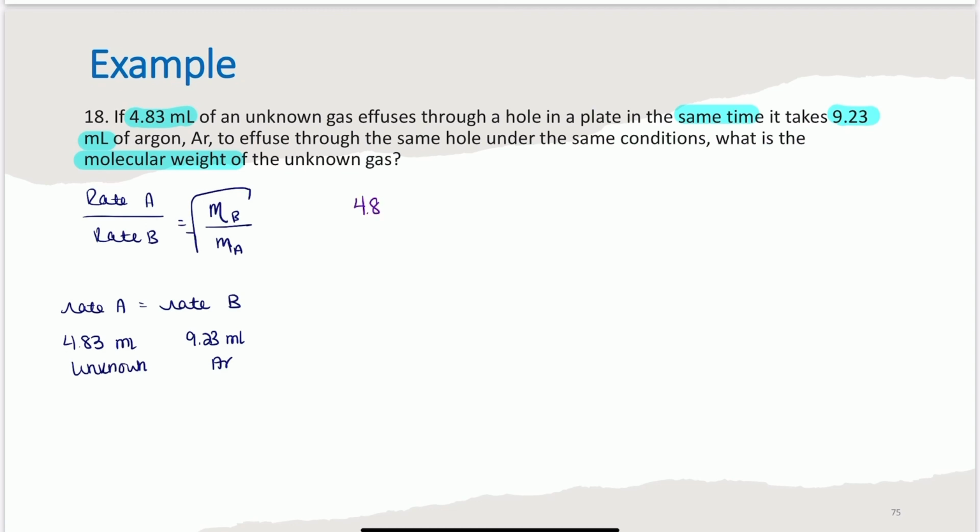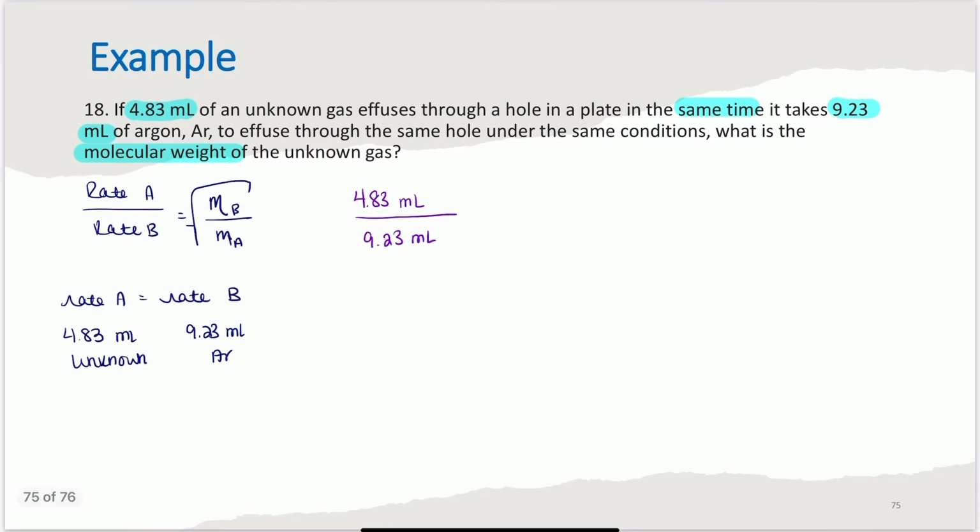So rate of A, 4.83 mL. Rate of B, or argon in this case, 9.23 mL. My molar mass of argon, 39.95 grams per mole. Molar mass of A, no idea. Trying to find it.